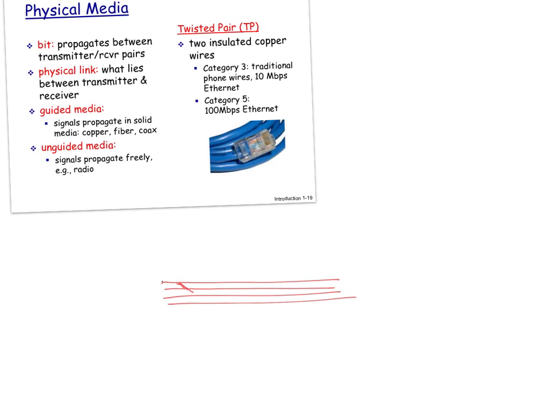You just twist them, so you create something like this. You twist these wires, and you get each pair. Each of these wires, by the way, carries a separate signal in the baseband. By mixing these signals together, you can have high rates of data transfer. And some of these signals are used in one direction, the others are used in other directions, so you can use this for bidirectional communication.